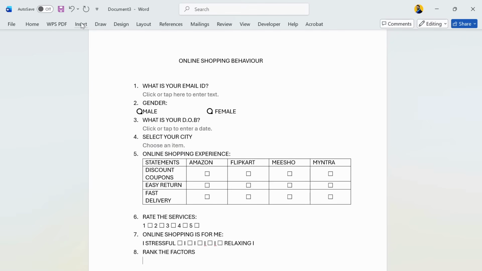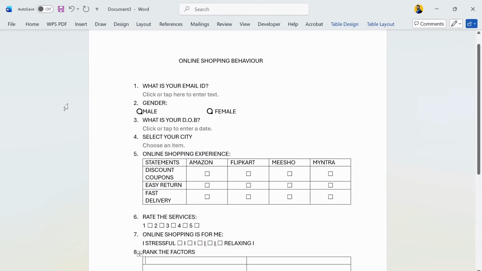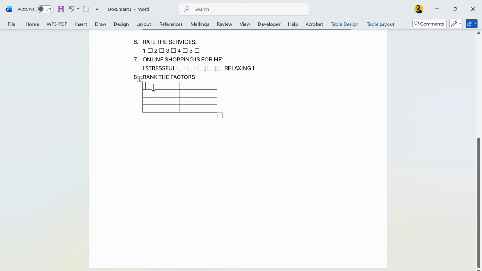Let's go to insert and then table, and we have clicked 4. So now just reducing the size of this table. This is sufficient. Now, in the first, I will mention the factors. This is rank. So now, factors mean price.